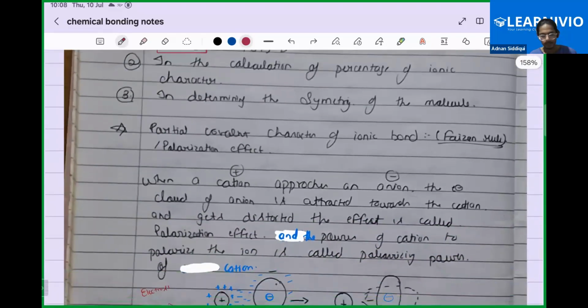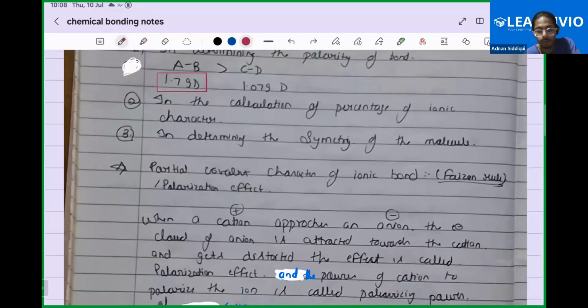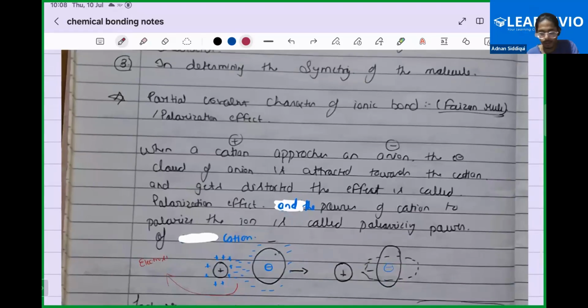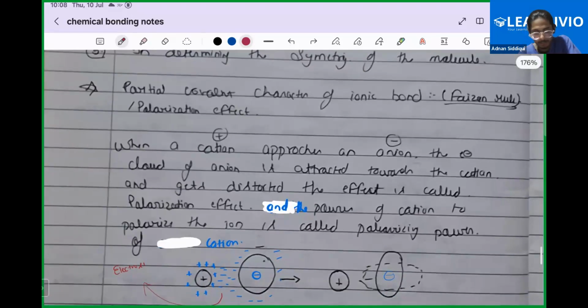So let us talk about what we mean by calculation of percentage of ionic character. There was a scientist, Fajan, who talked about the partial covalent character of an ionic bond.